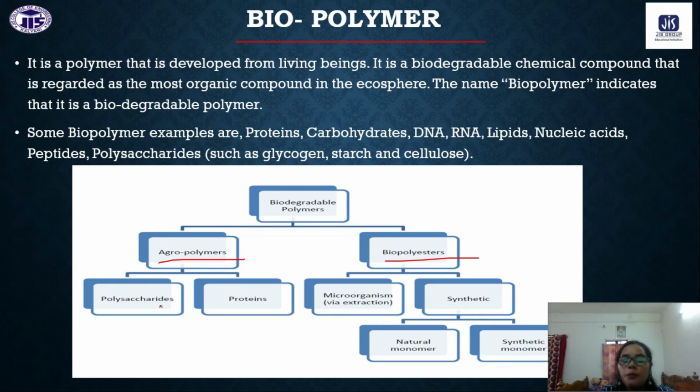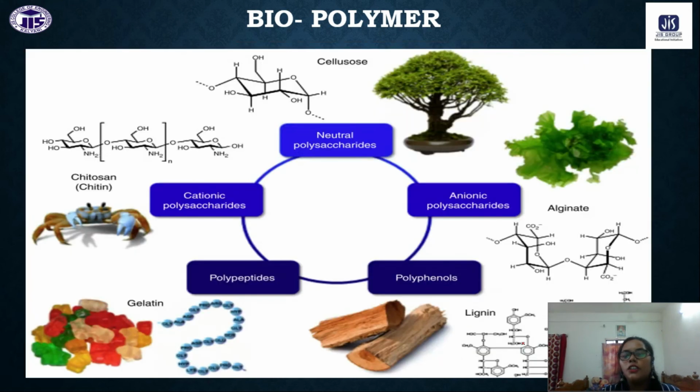Agropolymers are again of two types: polysaccharides or proteins. Biopolyesters come from microorganisms, or are synthetic, and the synthetic ones are again divided into natural monomer and synthetic monomer.